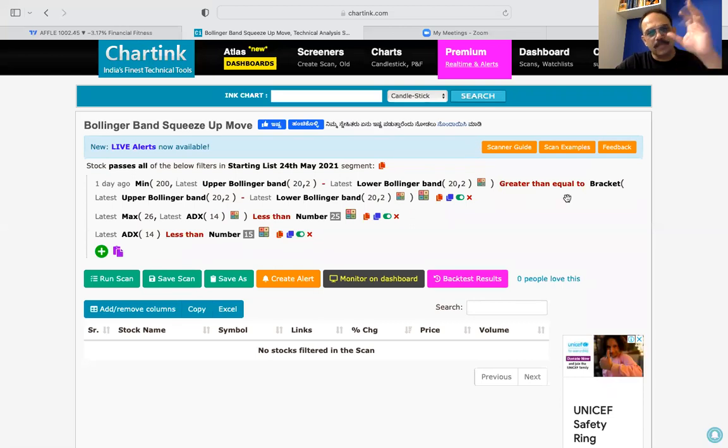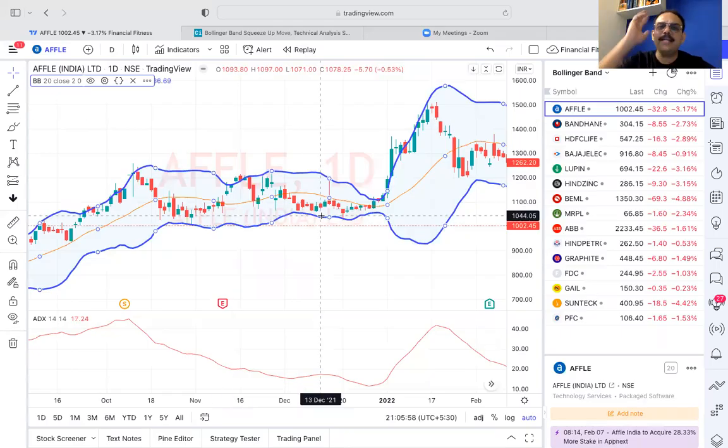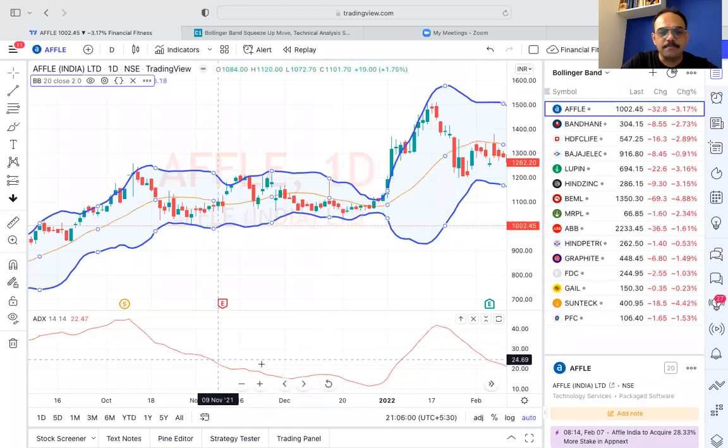It is a fantastic scanner, easy to program. What I have done is make a simple filter in this: if the upper and lower Bollinger Band distance is at the minimum in the last 200 days, then tell us. Second, the ADX should be below 25.